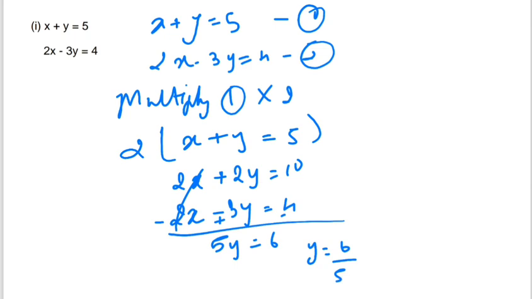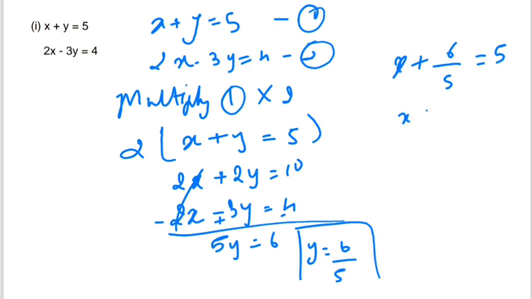Now let's find the x value. We got the y value as this. Now for x, we take the first equation. When we substitute a value in any equation, we should not take the updated equation; we should take the equation given in the question. So we take the first equation because it is simple. x plus 6 by 5 is equal to 5.